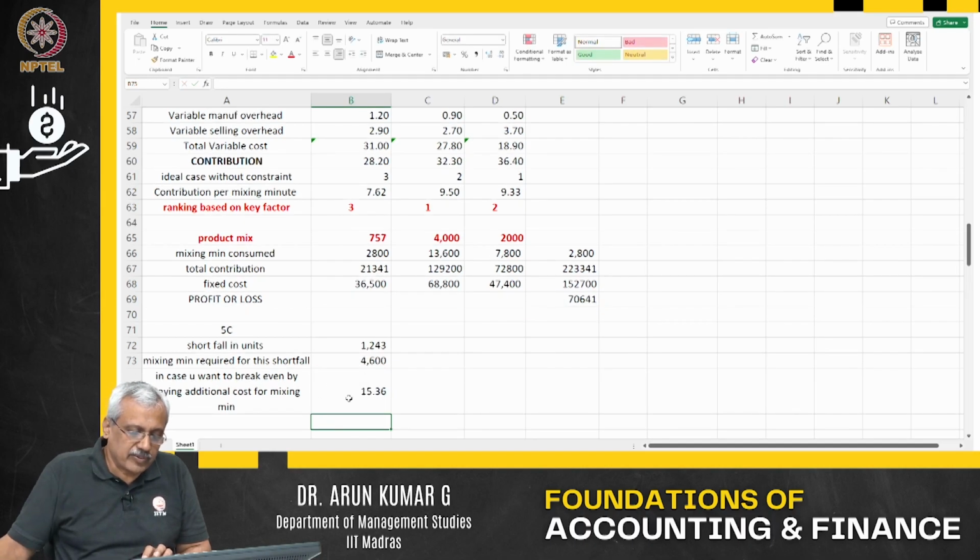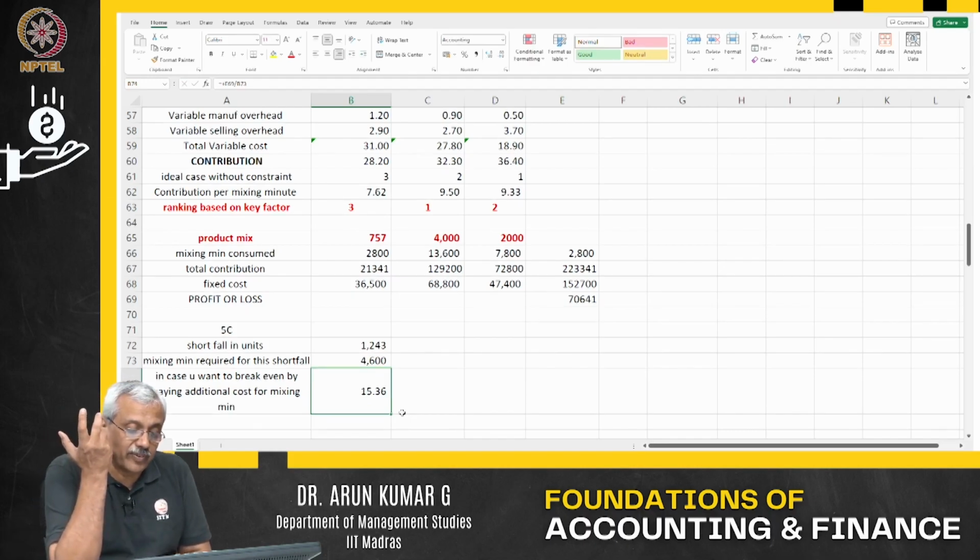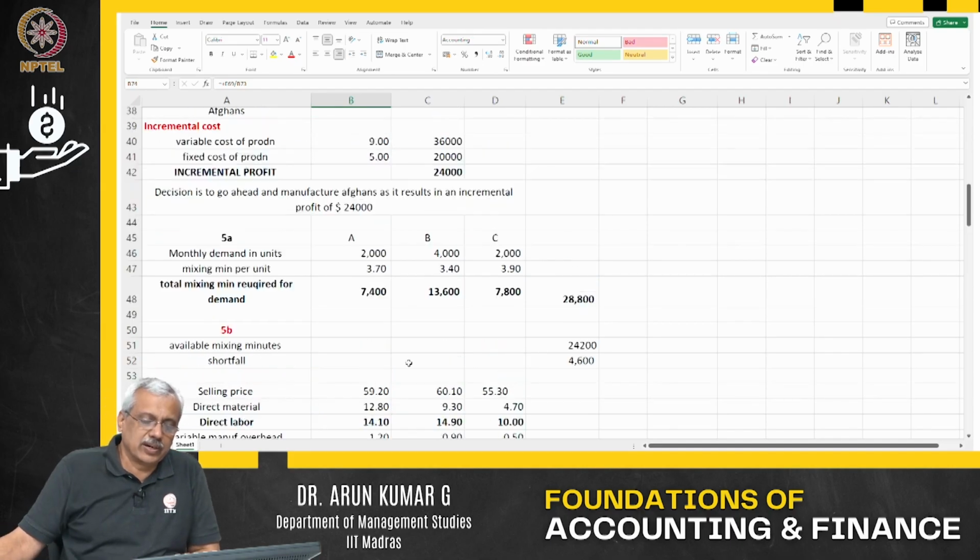I can pay up to about 15.36. That is all I can pay. I can increase the cost by about 15.36, and additionally I can break even. Anyway, that part you can basically ignore it.